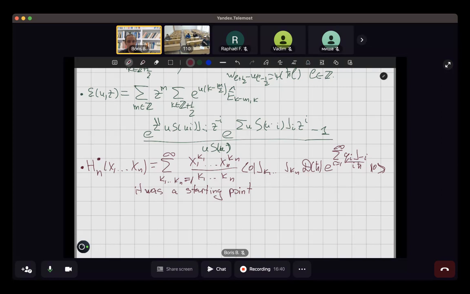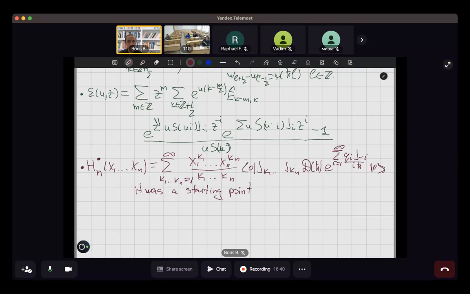So we have a function f small depending on zi and u, and we act on it by this huge operator, which is a differential operator in zi. And you see here you have some s.